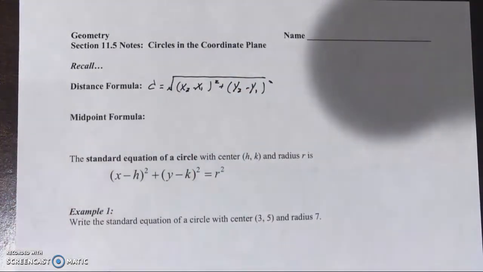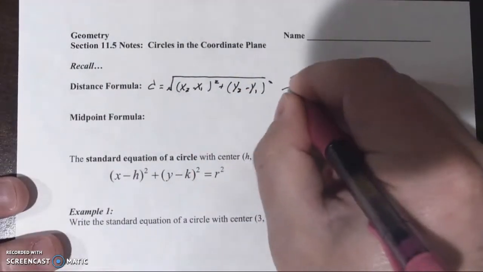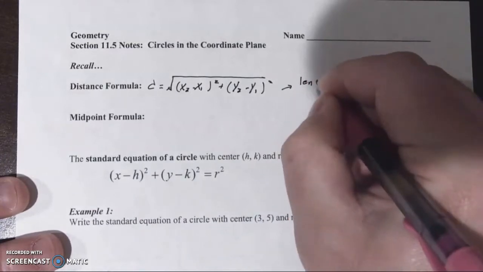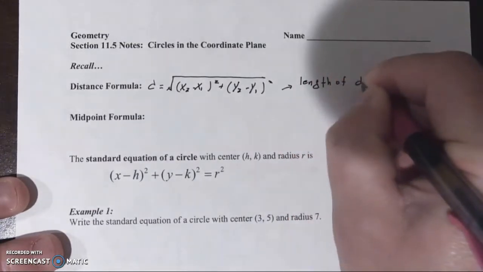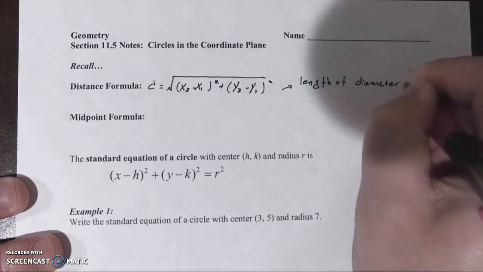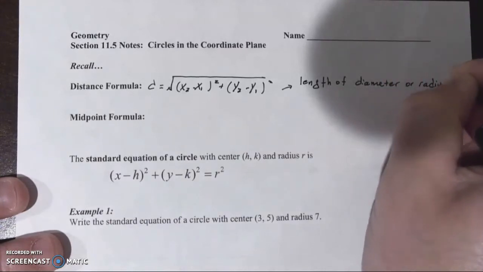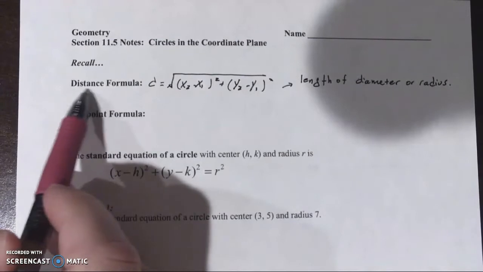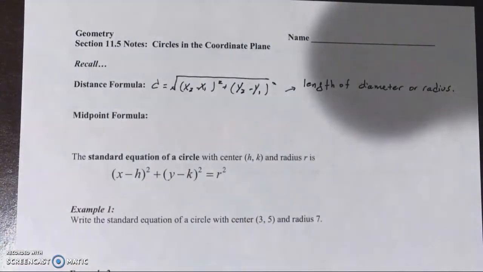If you're given 2 points and want to find the distance, this could be helpful in this section to find the length of a diameter or radius.